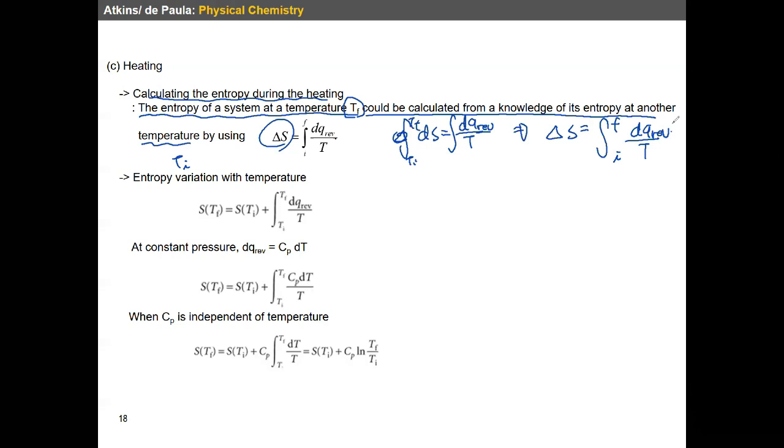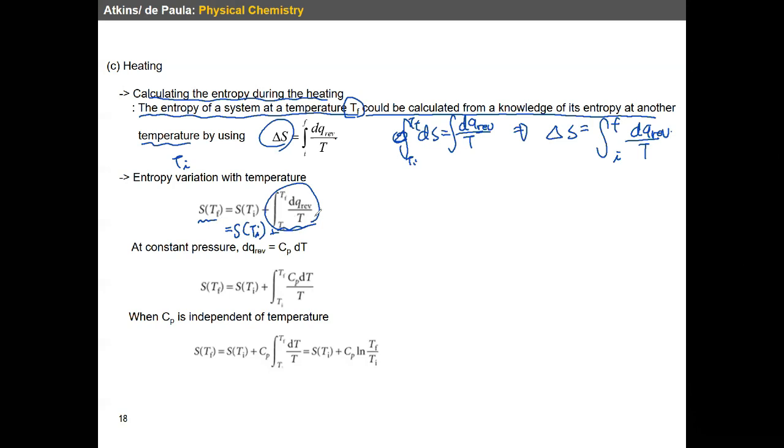Okay, so the total entropy at this temperature Tf should be the sum of its initial entropy plus the change of entropy, this one, right?